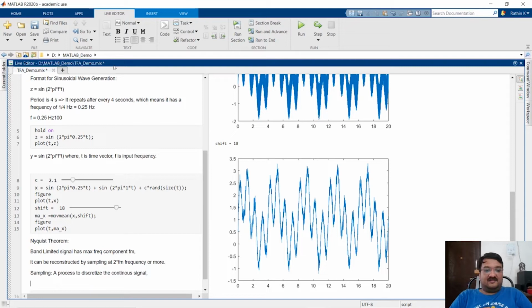In simpler terms, it means taking values of the continuous signal at equally spaced intervals. Most modern day systems use digitized, discretized signal processing.